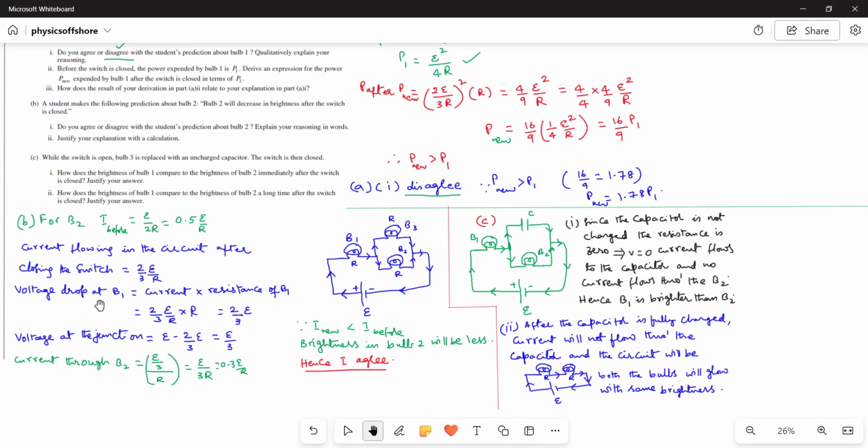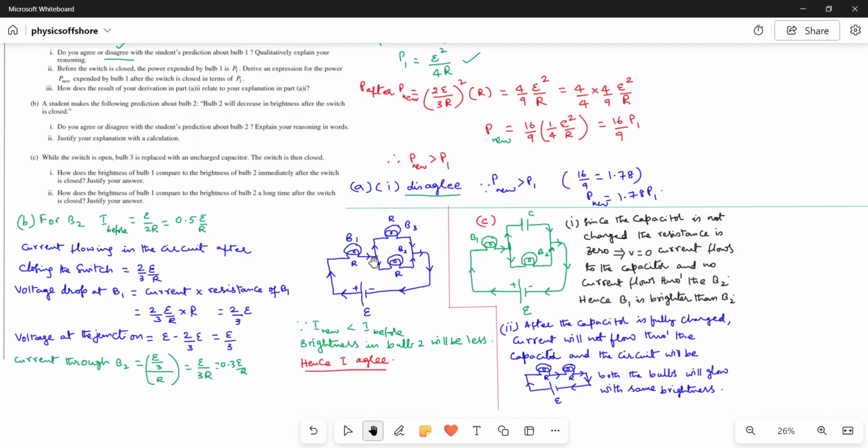Now voltage drop at B1 is equal to current into resistance of B1. Am I right? Now, voltage at the junction, this is the junction. After leaving the bulb, the current reaches the junction. So at this point, what is the voltage?